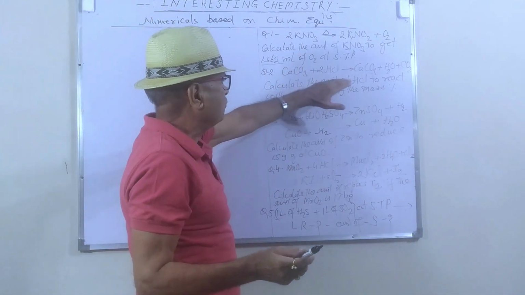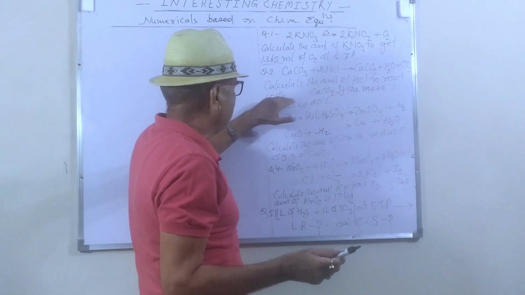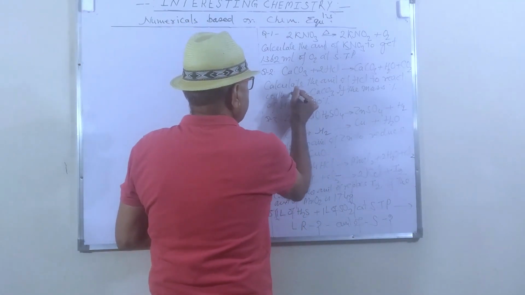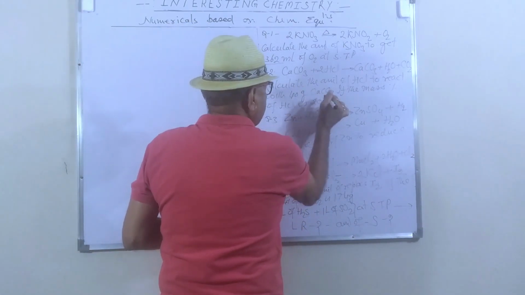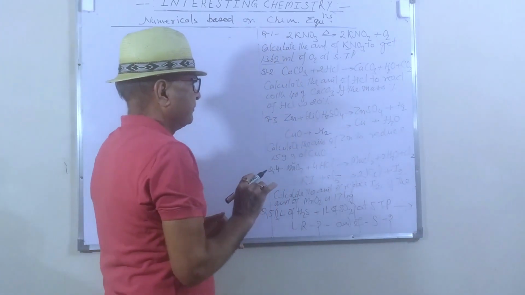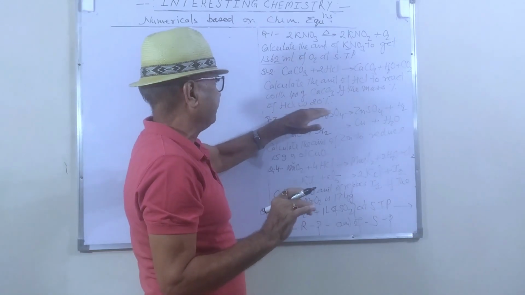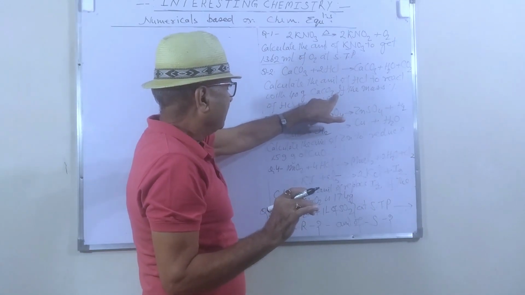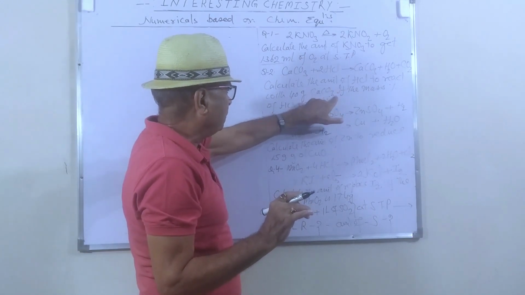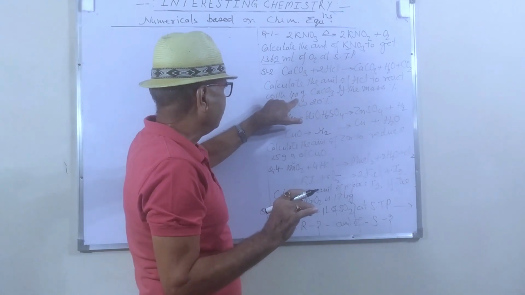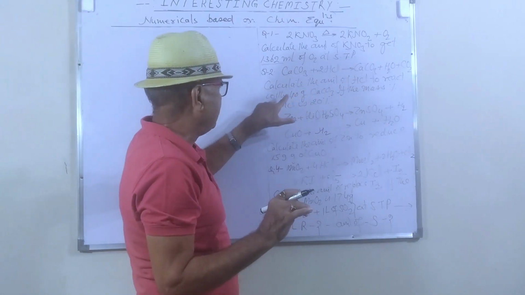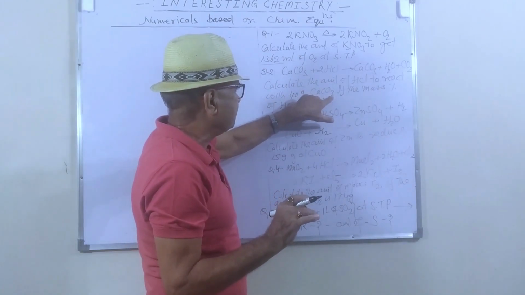So calculate the amount of HCl to react with 40 grams of calcium carbonate, if the mass percentage of HCl is 20. So first, solve this problem up to here to get the amount of HCl with 40 gram of calcium carbonate.